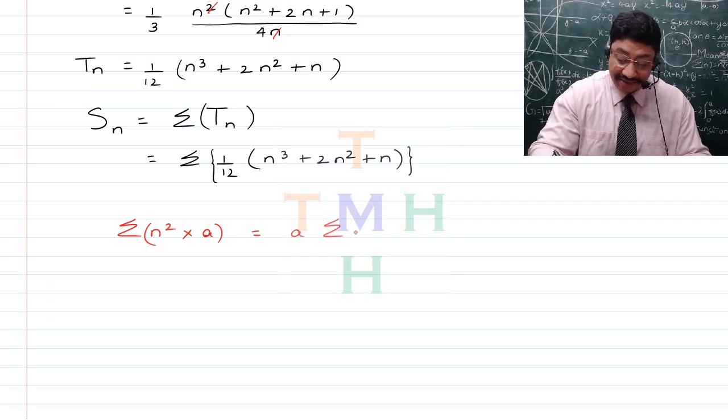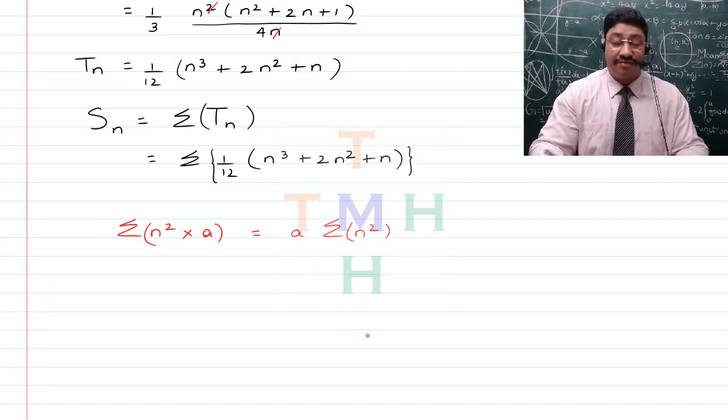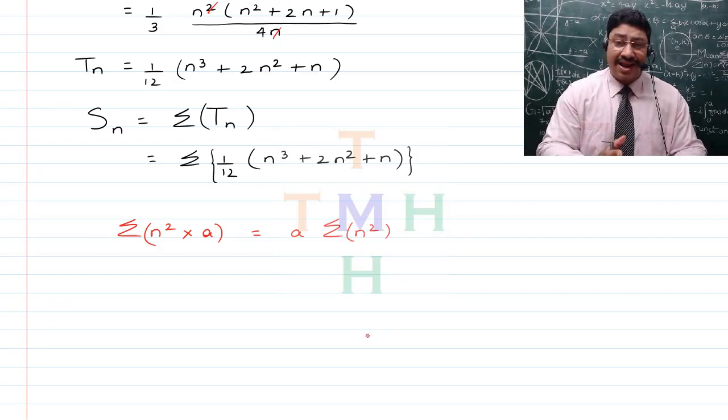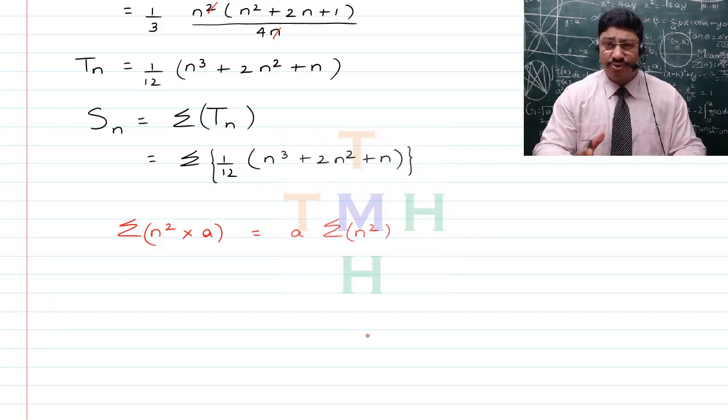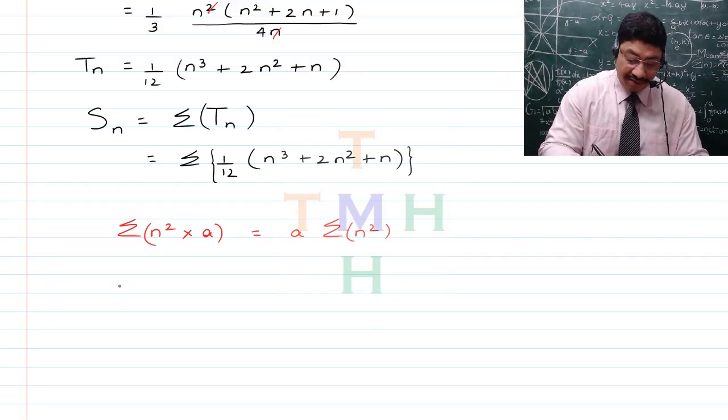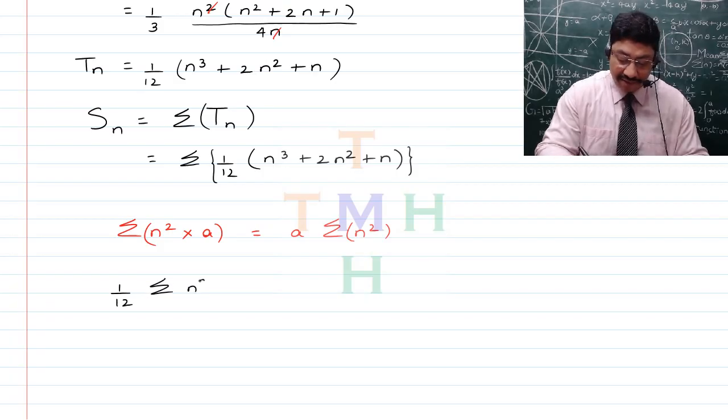And then you have sigma notation of whatever you have to do, right? So if there is a constant which is multiplied with any number whose sigma is to be found out, the constant is going to be taken out of the sigma notation, right? So this is the rule that we're going to apply here. As such, here this 1 upon 12 will come outside, and then inside we have sigma of n cube plus 2n square plus n, right?